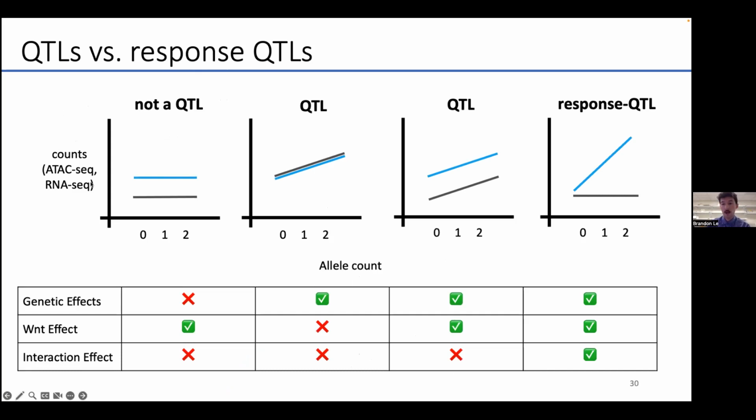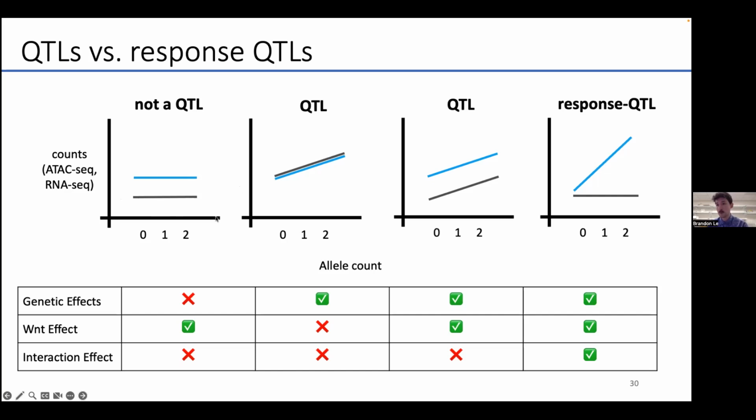So here I'm plotting the counts of either ATAC-seq or RNA-seq on the y-axis, and then along the x, I'm looking at the number of alleles of a particular QTL for a single variant, either 0, 1, or 2 of the minor allele. So there's going to be a lot of variants that do not show a genetic effect, which are not QTLs, where we see this flat line.